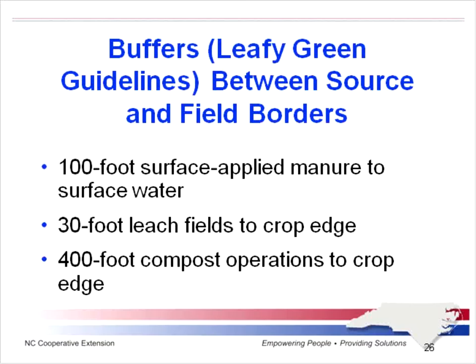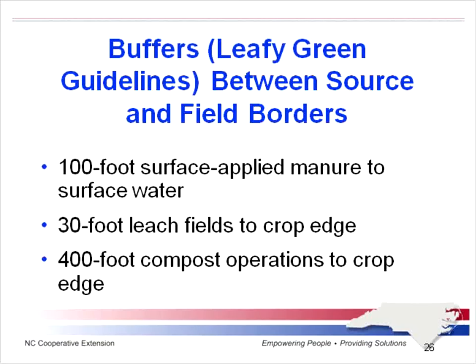Buffer areas haven't really been defined in a legislative sense, so we don't have hard and fast rules or laws concerning that for water sources and fresh produce. The basis of the recommendations you see here comes from the California Leafy Greens, and this is sort of a guidance document, not a regulatory document.